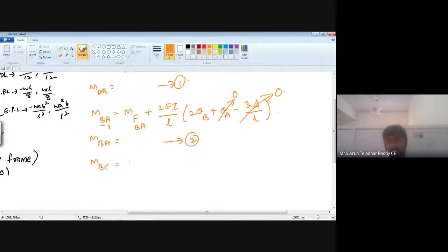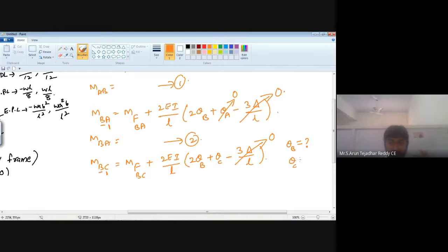Next, MBC, that is fixed end moment for BC plus 2EI by L. First term is B, so twice theta B, second term is C, plus theta C, minus 3 delta by L. Here delta is 0, but theta B will get some value and theta C will get some value, because B and C are not end supports; remember this point.